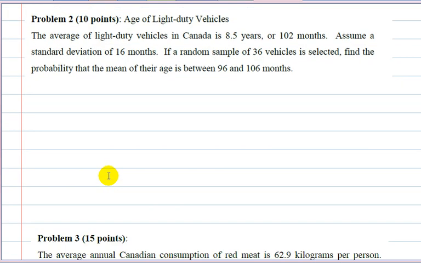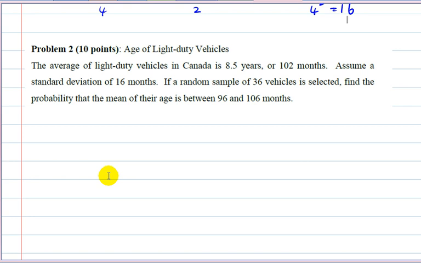The second one is to calculate the z-score and calculate the corresponding probability. What we have here is the population mean, the population standard deviation, and the sample size, and find the probability that the mean is in the range between 96 and 106.